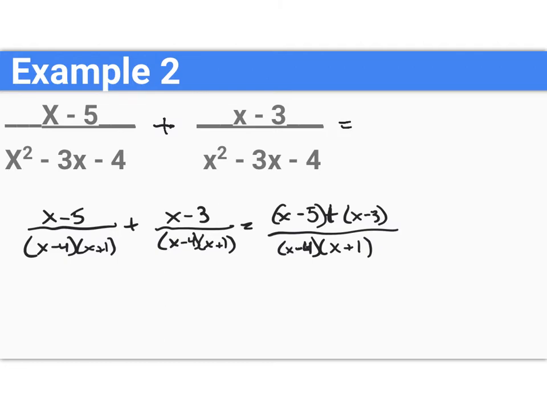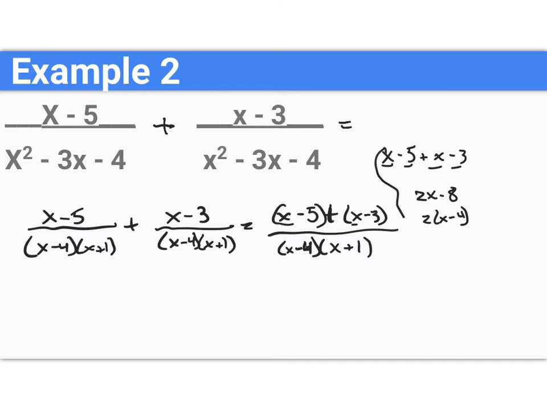Okay, so we can add the top. I'm going to just write x minus 5 plus x minus 3. x and x becomes 2x, minus 5 plus minus 3 becomes minus 8. Let's factor that out, and that becomes 2 times x minus 4. See, look at that. Sometimes this helps you out.